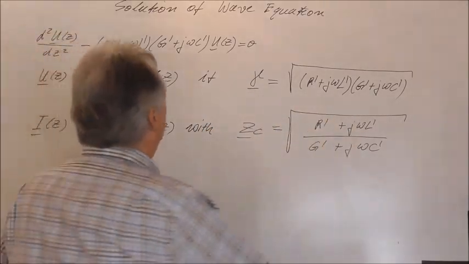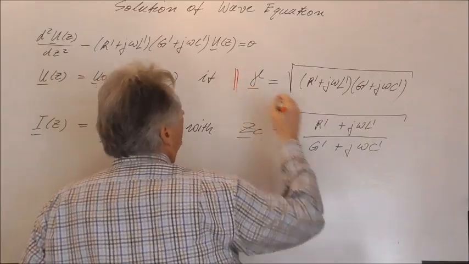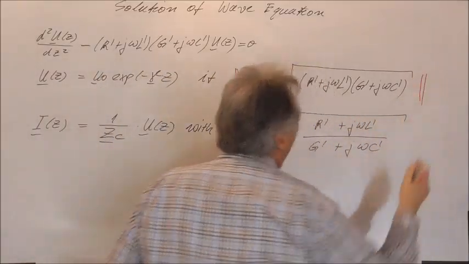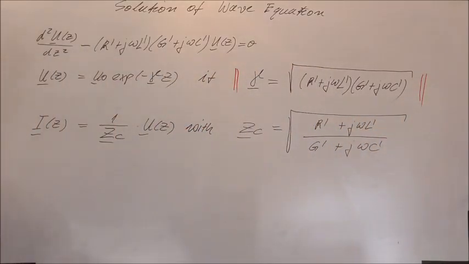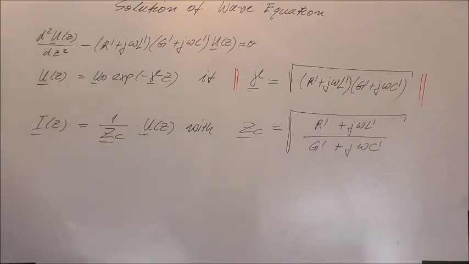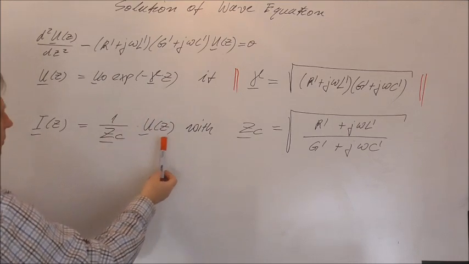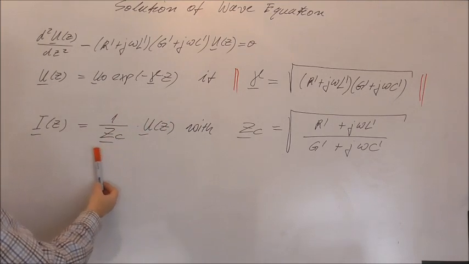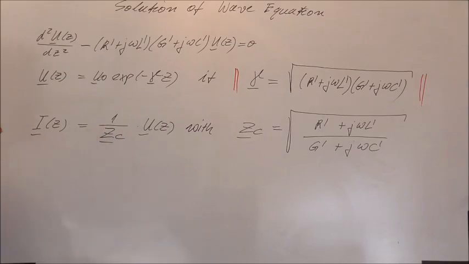So this is the first important parameter we have to discuss later. We also found the solution for the current distribution on the same transmission line. It's just the voltage distribution divided by the characteristic impedance.